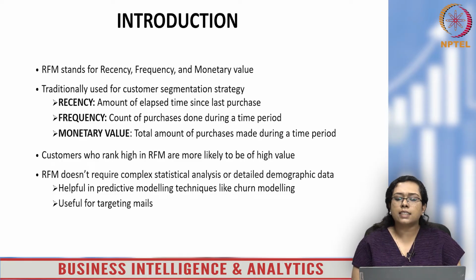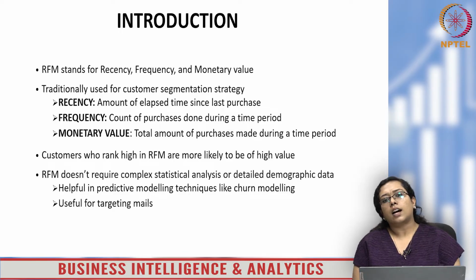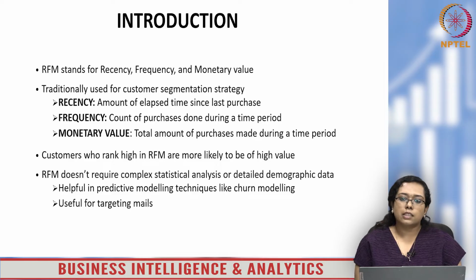So as I already told, RFM doesn't require any complex statistical analysis or any detailed demographic data. It just takes the R value, F value and the M value and no other values. Are there other values? There are millions of values that you can analyze to know how your customer is. For example, if you are visiting an online website like Amazon, then you might be looking at some product.